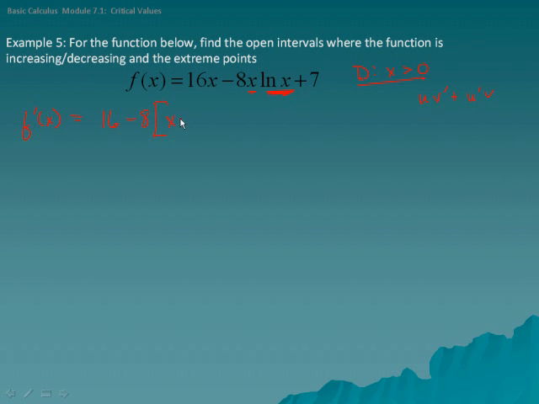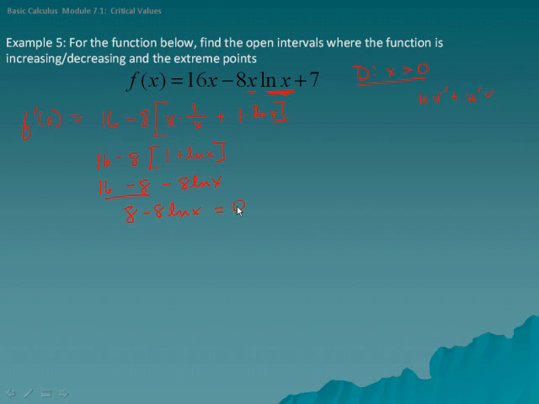So it would be x times the derivative of the natural log, which is 1 over x, plus the derivative of x, which is 1, times the natural log of x. So that would be equal to 16 minus 8 times 1 plus the natural log of x, which would be 16 minus 8 minus 8 times the natural log of x. Put these two together, and that would give me 8 minus 8 times the natural log of x.